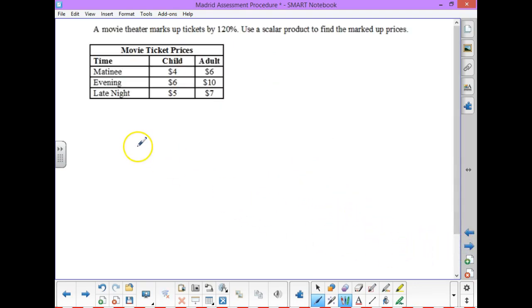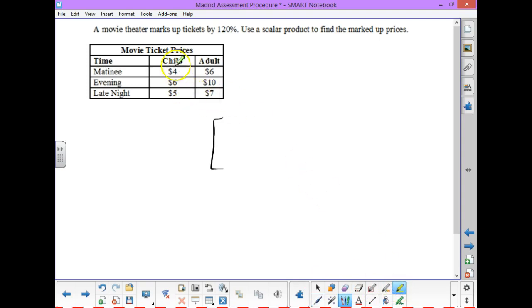Now this one says a movie theater marks up tickets by 120%. It says use scalar product to find the marked up prices. So this one again is related to that first one that I showed you guys. Here's kind of what this would look like. We're going to take the data like we just did on the last problem and insert it here.